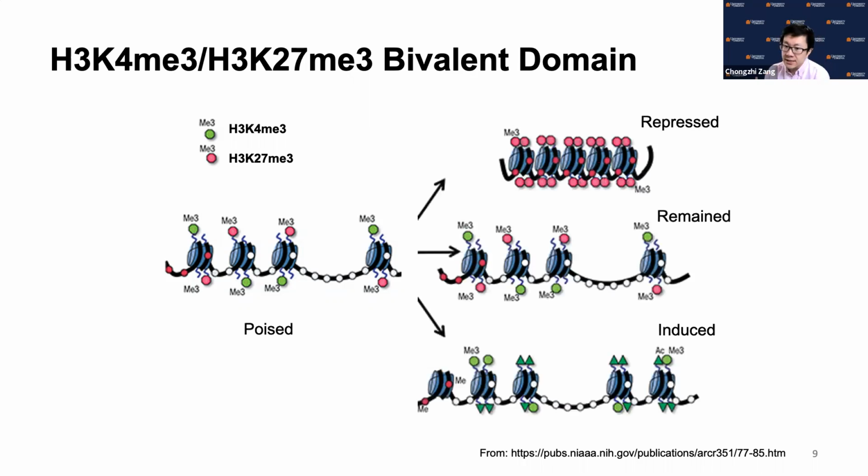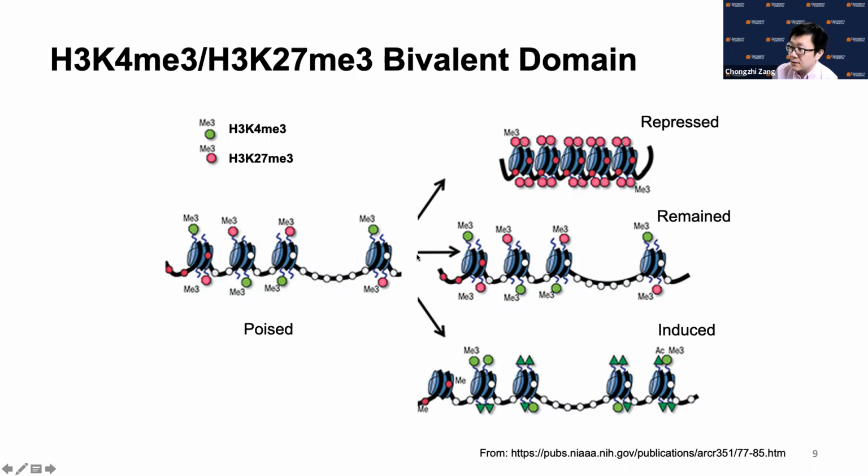After cell differentiation, these bivalent domains can have different fates. If after differentiation these particular regions or genes no longer need to be activated, they can have a higher level of K27 trimethylation, and the K4 trimethylation can be removed, meaning that these regions can be further repressed.